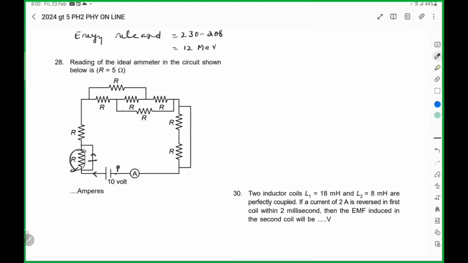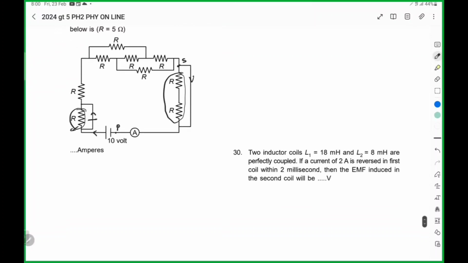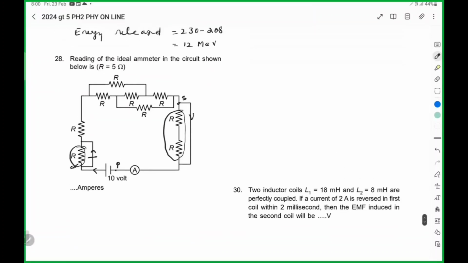Again, here, the same thing will happen at this point. So here is a conducting wire without resistance. So current will not flow through this, only current flows through this. Then a final resistance will be here.